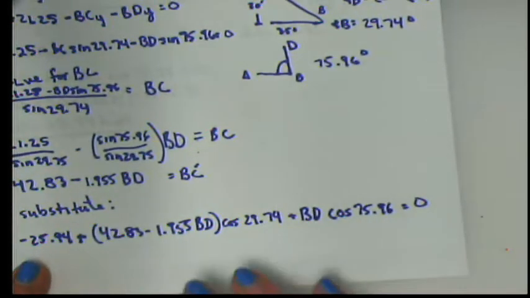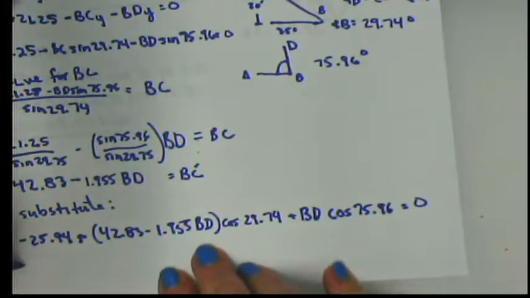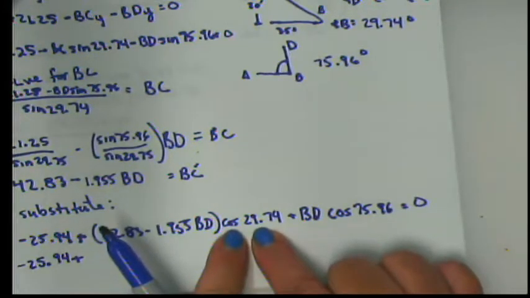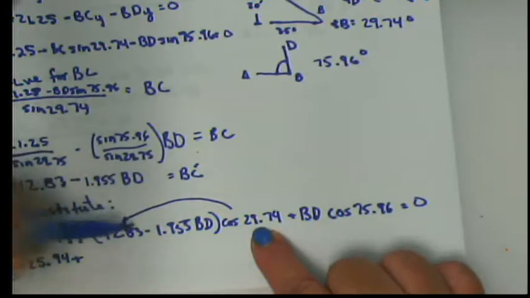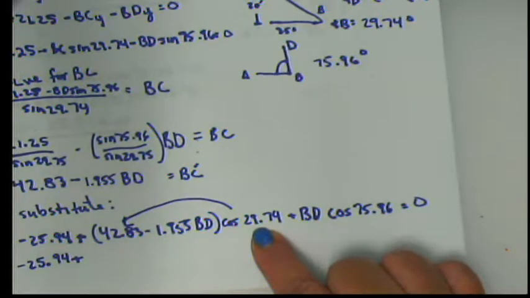So the good news is I now have one equation and one unknown. So I'm going to be able to solve for BD. But we need to do a little bit of simplifying first. So let's go ahead and do this in a couple steps. Negative 25.94 plus, let's distribute, take the value of the cosine of 29.74, multiply it by 42.83 and tell me that value.